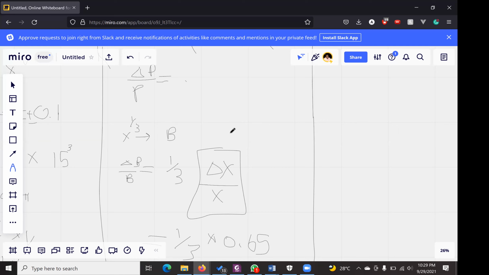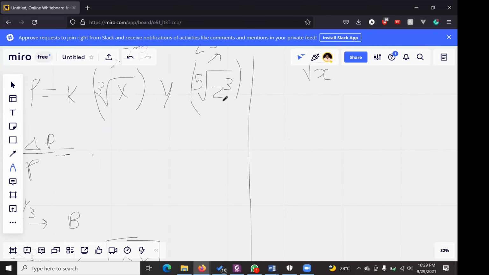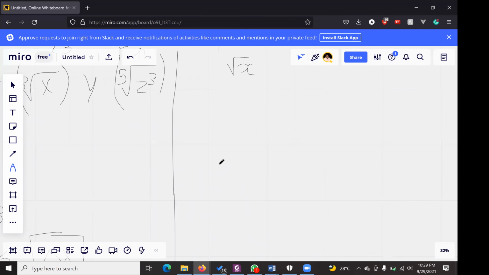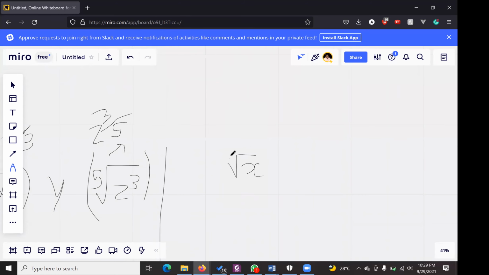That is what they gave us. And how did I move away from the square root?